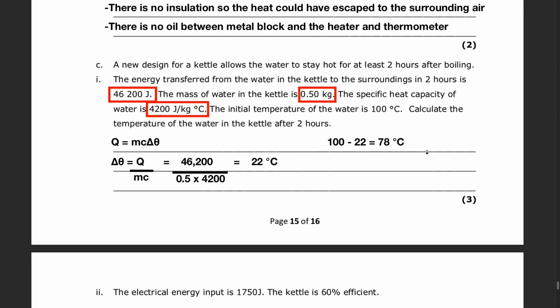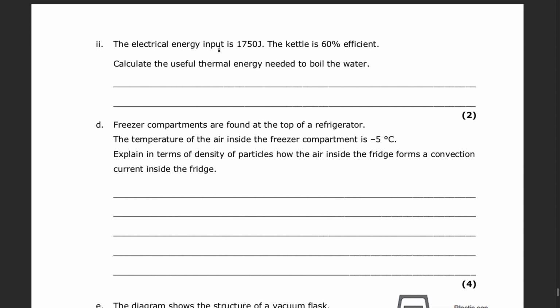Moving on to part 2, the electrical energy input is 1750 joules. The kettle is 60% efficient. Calculate the useful thermal energy needed to boil the water. Now we've learned an equation, which is efficiency equals the useful energy output divided by the total energy input multiplied by 100%.